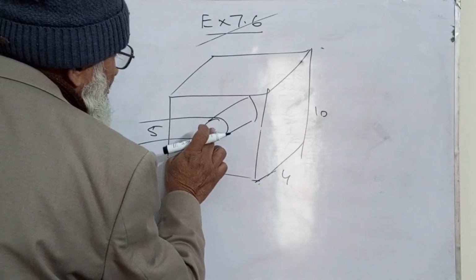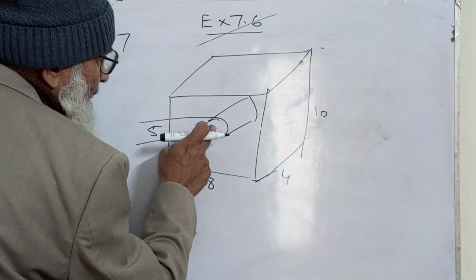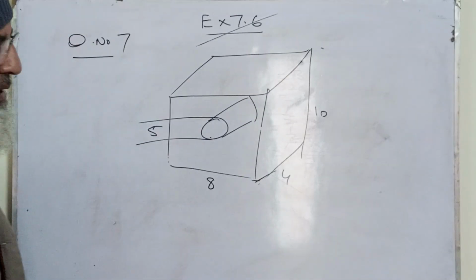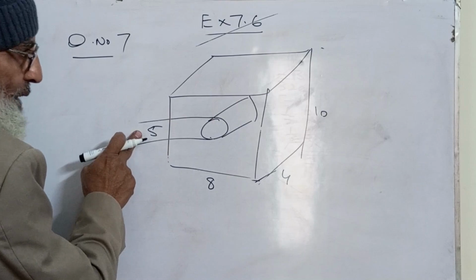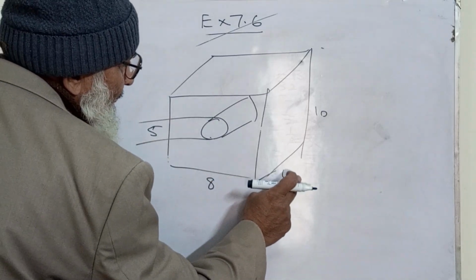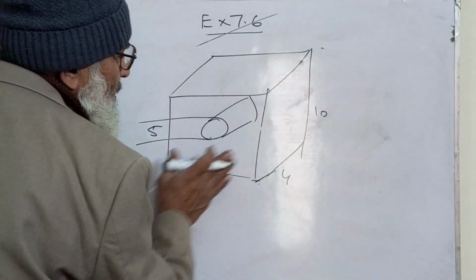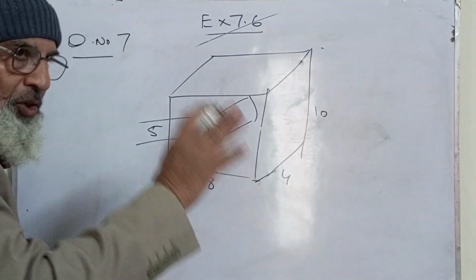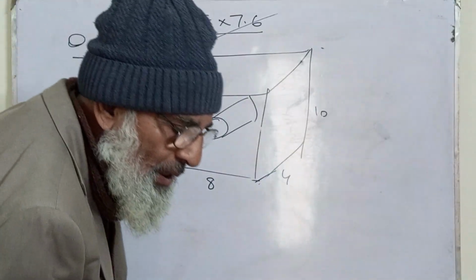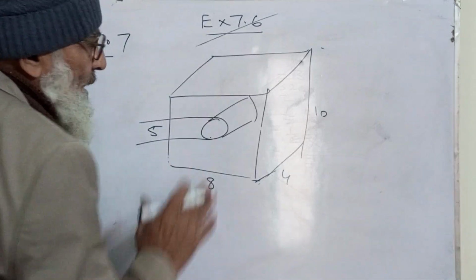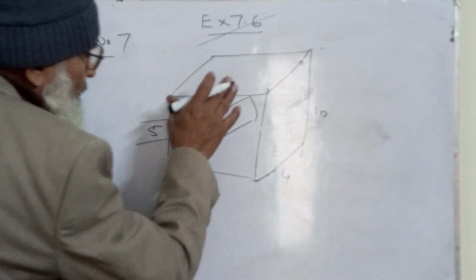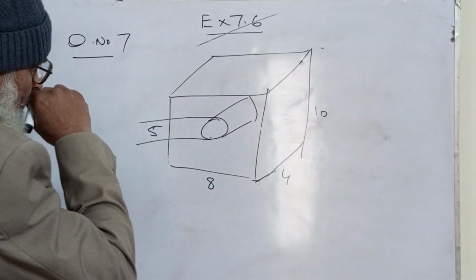There is a hole in this glass slab whose diameter is 5 centimeter, and it is through, so its depth is 4. I'm not concerned with what they are going to make.